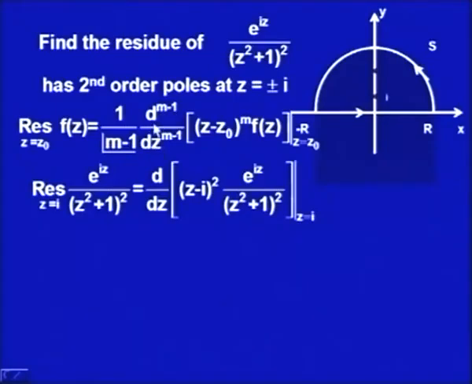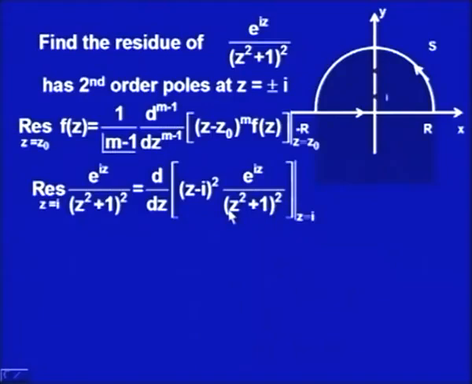So, I would get the first derivative, that is d by dz of z minus i whole square into the function e to the power i z upon z square plus 1 whole square. Now, this should be evaluated at z equal to i. This z square plus 1 we could write as z plus i into z minus i.